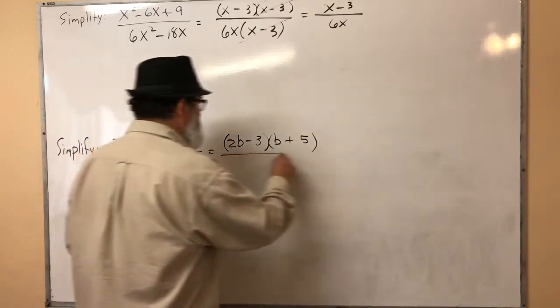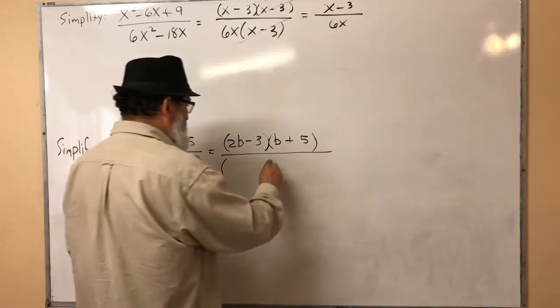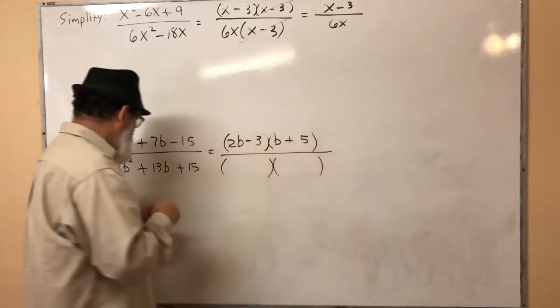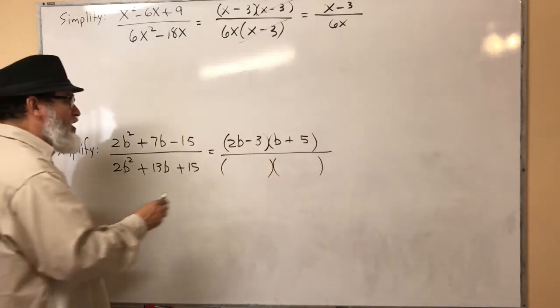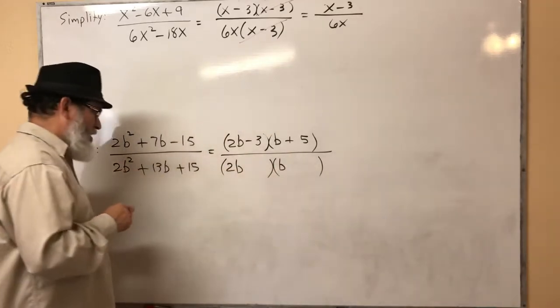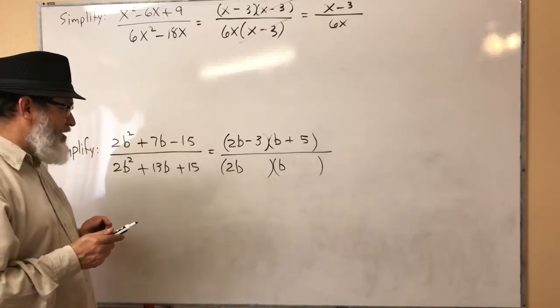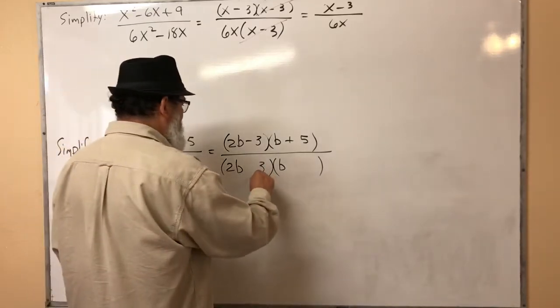Bottom. Factor again. 2b squared, I'm going to say 2b times b. For 15, I'm going to say 3 times 5. Again, 3 times 5.